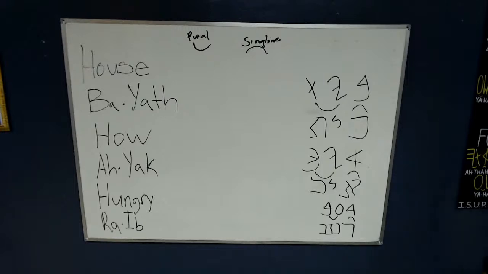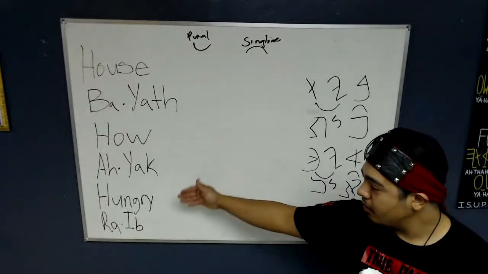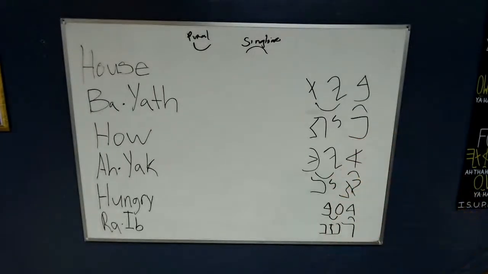Right. As you can see, these are all H words, like beginning with H. House, how, hungry, right? We're going to go into I, right?